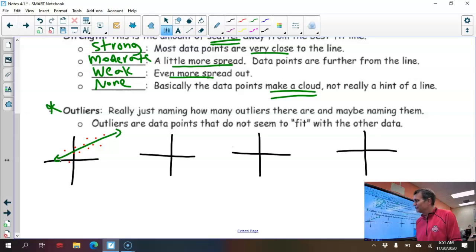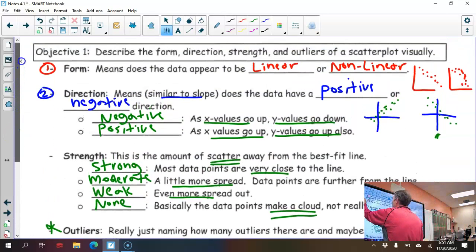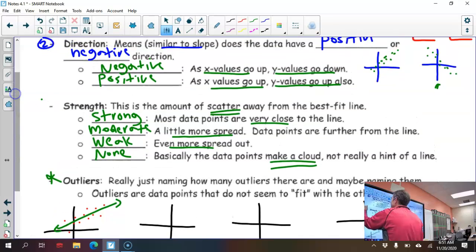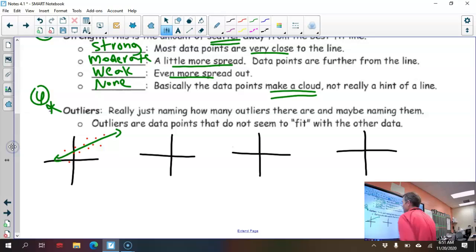And I definitely think those red dots probably look linear, right? It probably looks like as X goes up, Y goes up, and it's about the same amount all the time. I think it looks linear. So if I was going to describe this, I need to use all 4 of these things. There's number 3 and there's number 4.